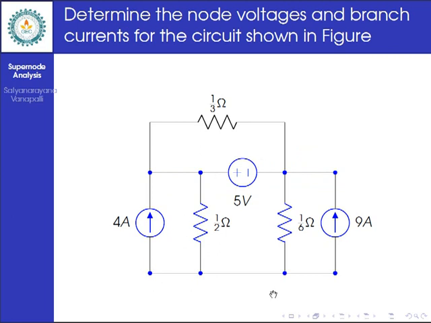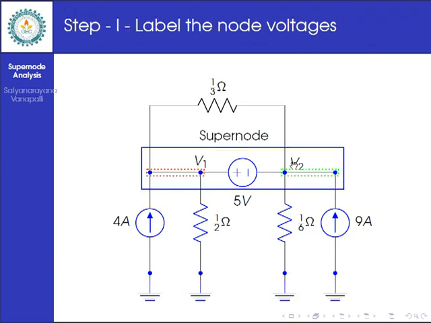The bottom node is treated as the reference node, and the left hand side I am considering as node 1, and the right hand side as node 2. Let V1 be the voltage of node 1 and V2 be the voltage of node 2. This diagram will give a clear understanding.